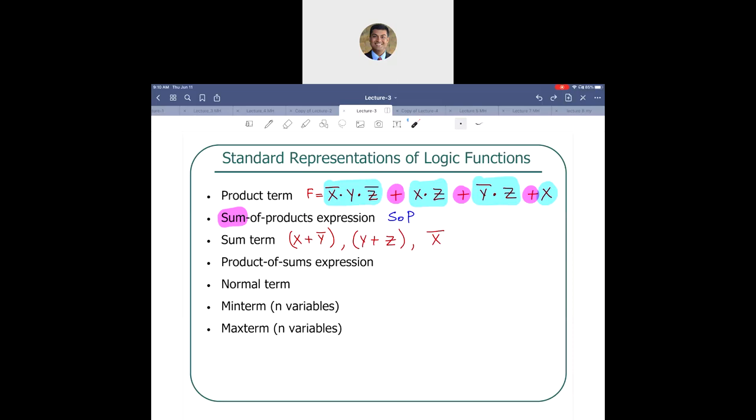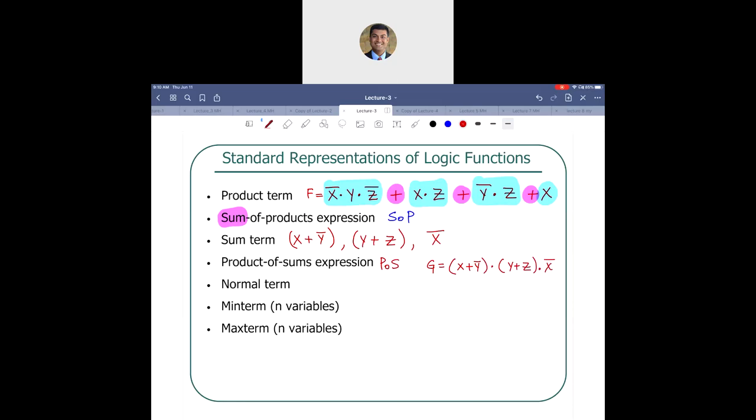Now let's talk about a product of sums expression. What is a product of sums expression? POS in short. Can I write a POS? I will use a different G equals. I will use the sum terms that I defined earlier. So I will say X or Y complement, ANDed with Y or Z, ANDed with X complement.